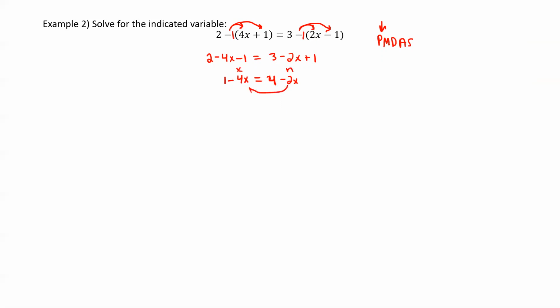So we'll move the 2 over to here, and we'll move the 1 over to here. So we add 2. So -4 plus 2 is -2x, and that equals, we subtract 1 from here, so that would just be 3. And then we solve for x. So divide by -2, divide by -2, and you get x equals -3/2, just like that, right?